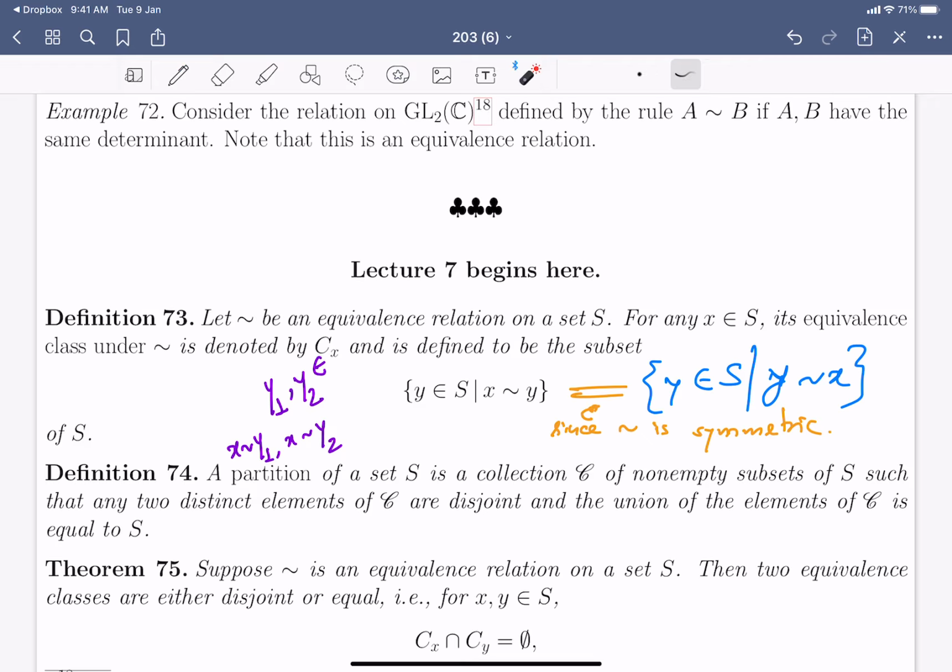Now we can use the symmetry property, which tells you that y1 is related to x. Now you use the transitivity property. You know that y1 is related to x and that x is related to y2. So by transitivity you have that y1 is related to y2. So if you pick two elements from one equivalence class, then those two elements are related to each other under this equivalence relation, okay?